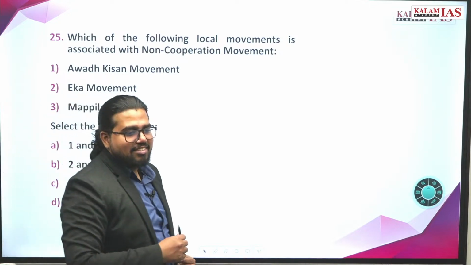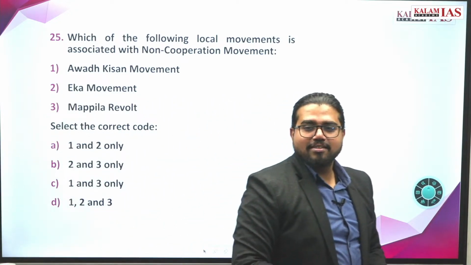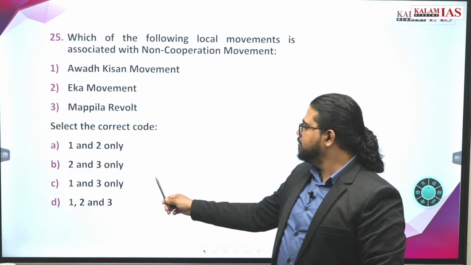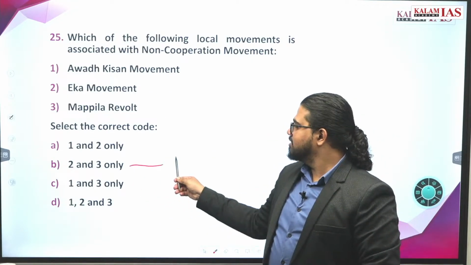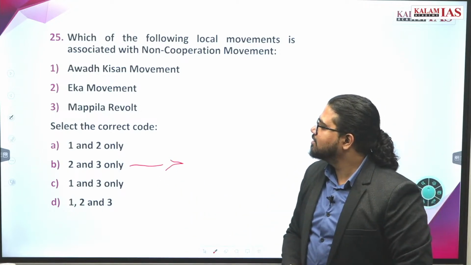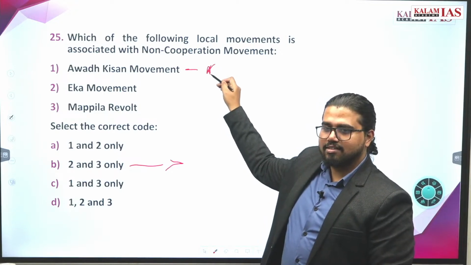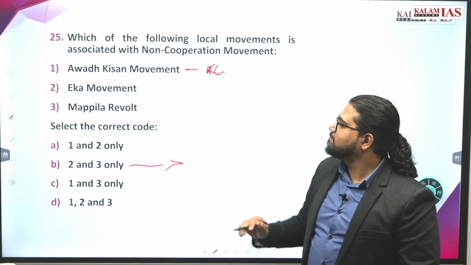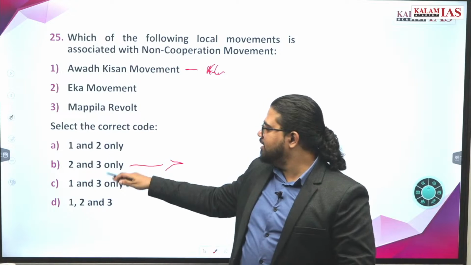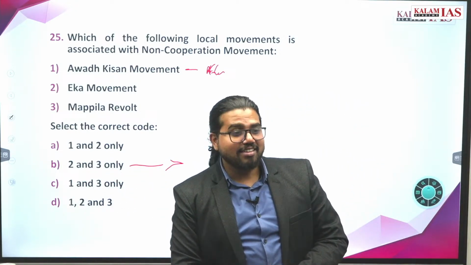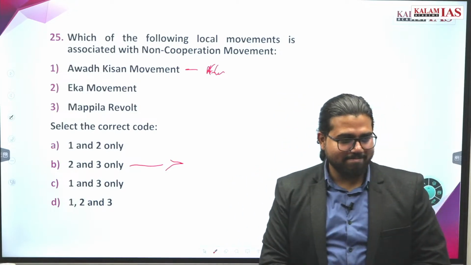Any idea? B. How are you ending up with B? Okay, so you are eliminating one and you got B as the option. Any other logic? Same.